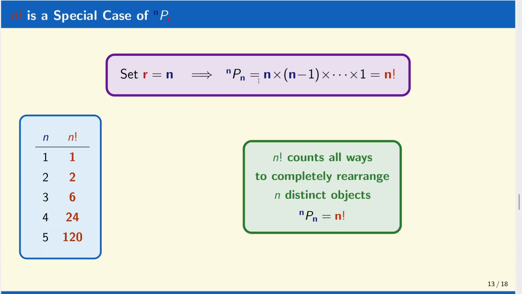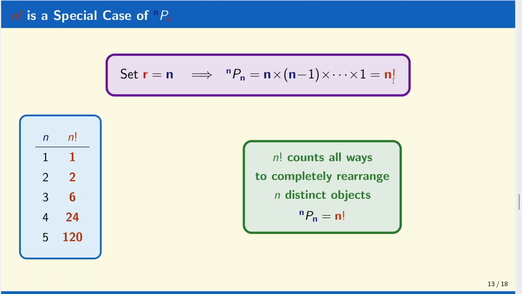This means we are finding the number of permutations of n objects taken n at a time. This is equal to n multiplied by n minus 1, continuing all the way down to 1. And as we learned earlier, this is the exact definition of n factorial, written with an exclamation mark.